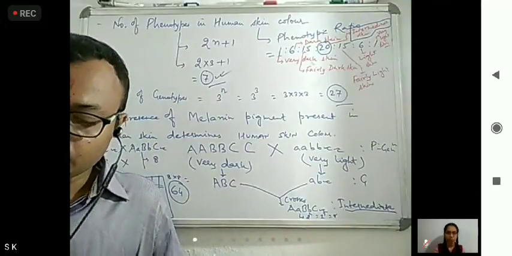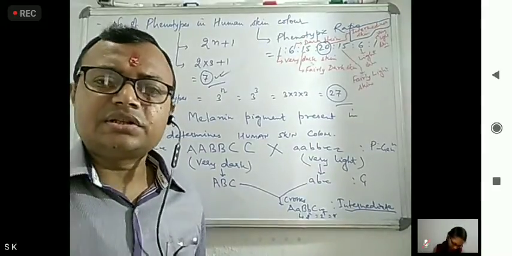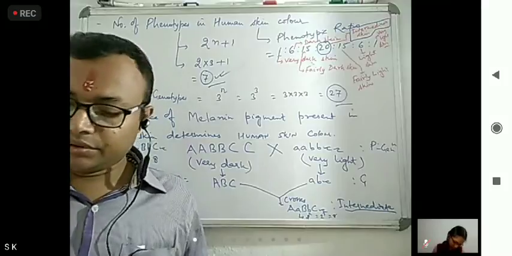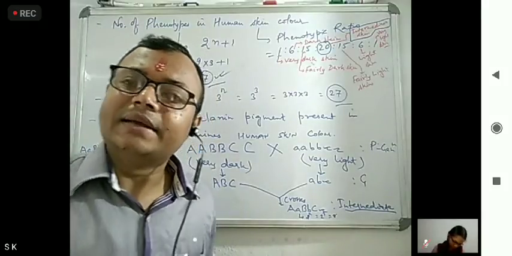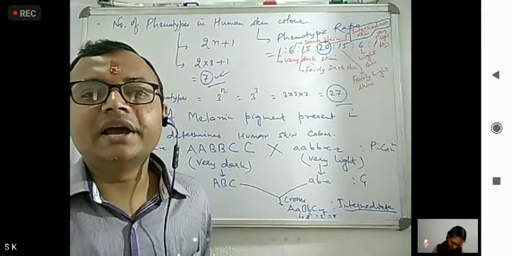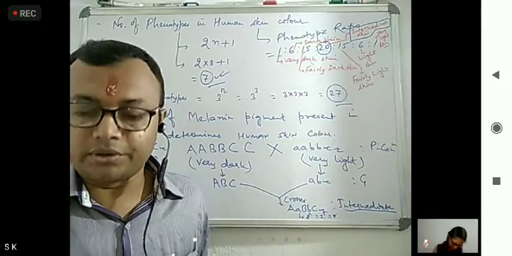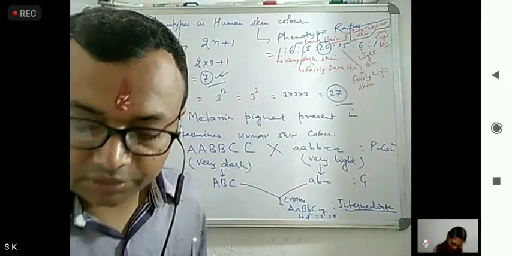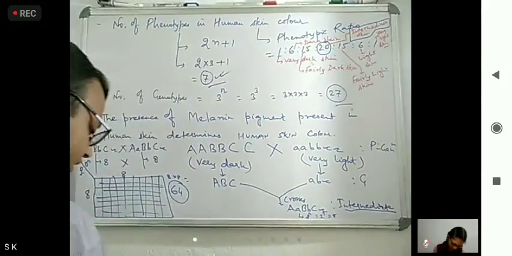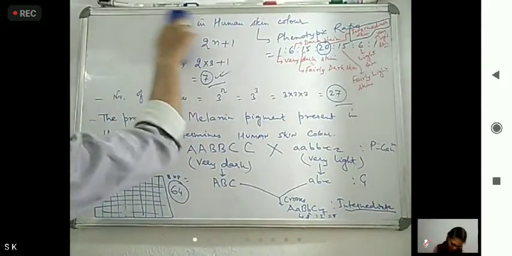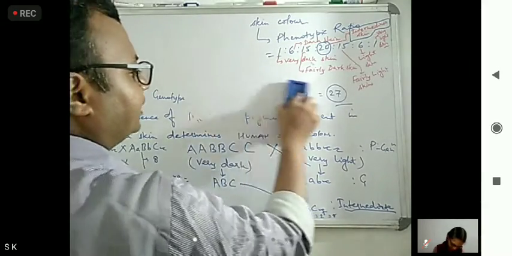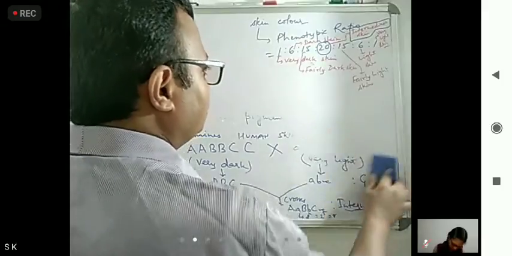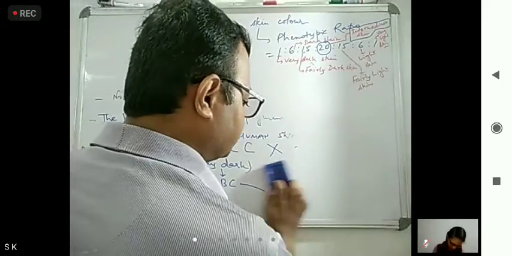Okay, now this is depicted with a graph. That graph we have to see, and it was studied by the scientist Davenport. Okay, Davenport. So come to that graphical representation. This you have to remember: 1 is to 6 is to 15 is to 20 is to 15 is to 6 is to 1.